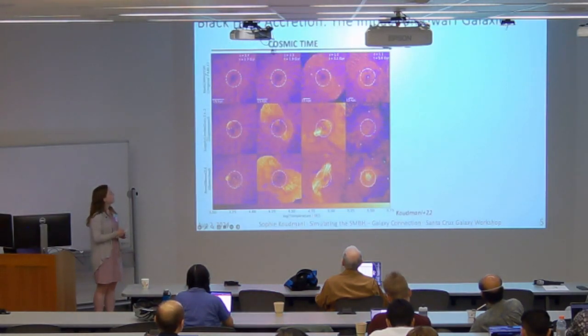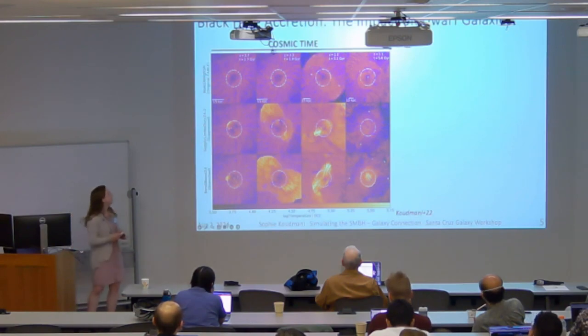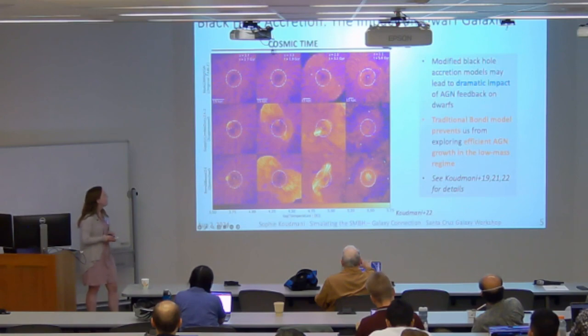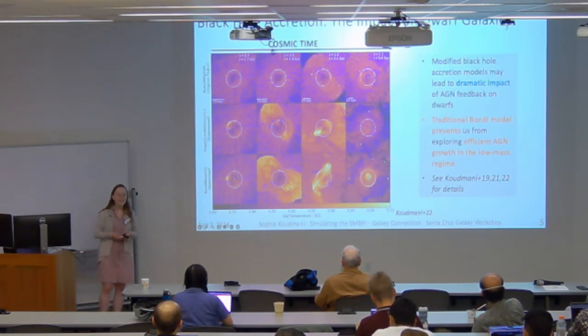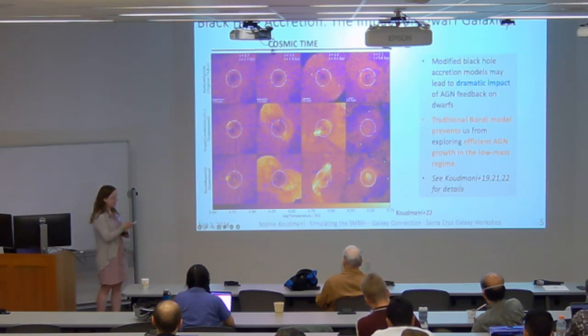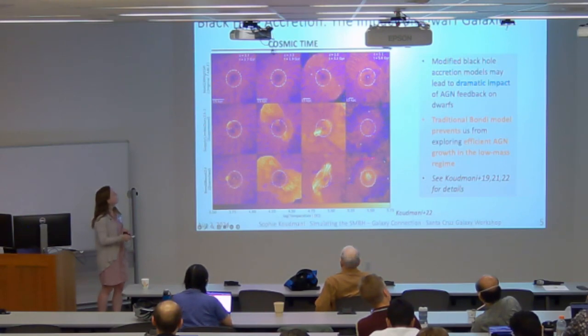And this really matters. I'm just going to give some very brief examples, given the limited time of this talk. But I've actually spent a lot of time working on AGN feedback in dwarf galaxies and modeling these processes. You can see that once you depart from the traditional Bondi model, either by changing Bondi efficiency or by exploring gas supply limited models, you can get these very large-scale outflows which have a huge impact on the dwarf galaxies.